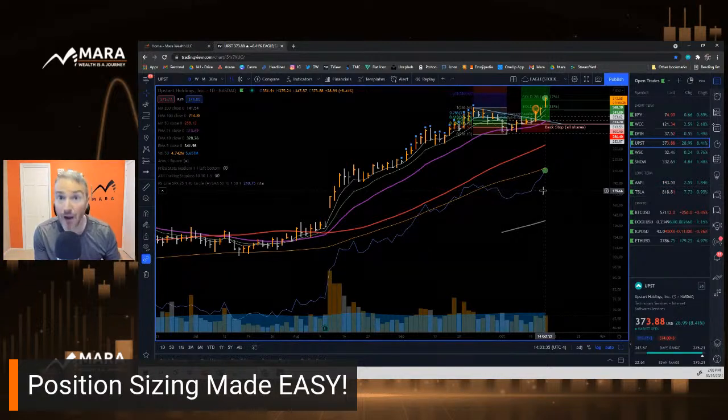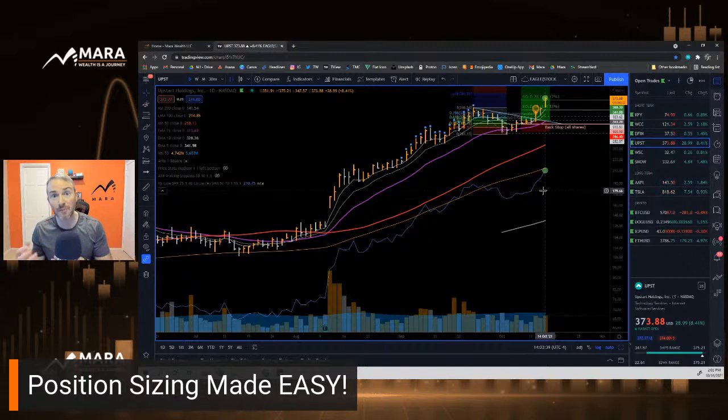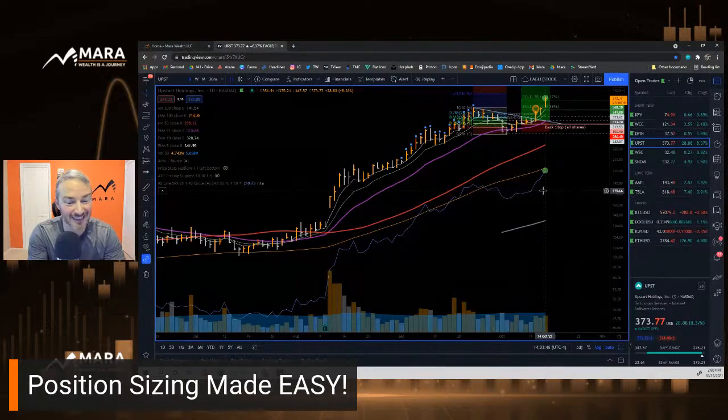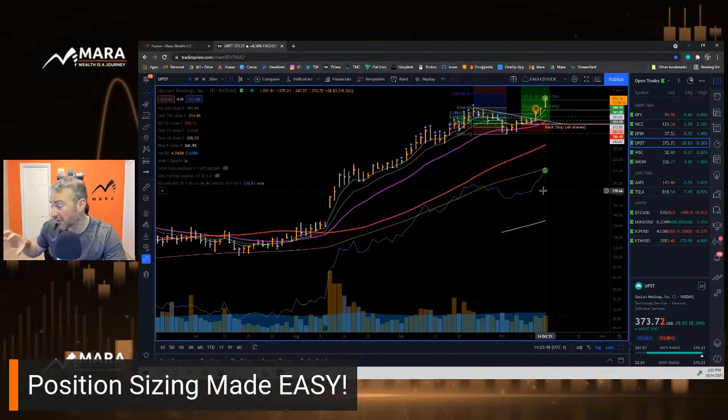Then as your account grows over time, you're still able to think in terms of percentages, and you're not anchored to a specific dollar amount, like, I could only risk $100 per trade, or $1,000 per trade. No, you're risking, let's say, 1% per trade, and that scales with you over time.